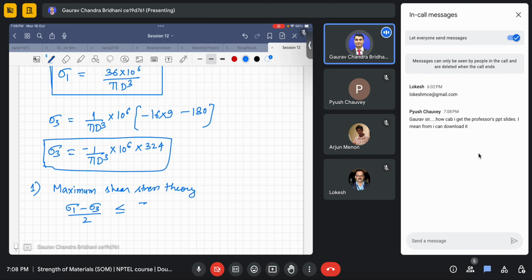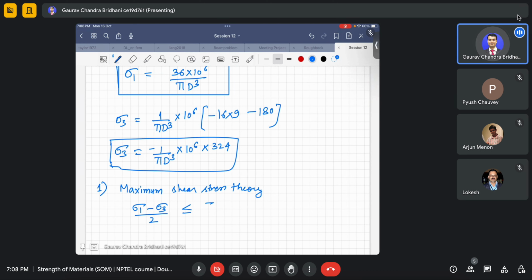Pius has a question: how can I get the professor's PPT slide? I rarely think you can get the slides. The only means is to just capture them when you are going through the lecture. You can take snapshots of that. I highly doubt the professor will share the slides.